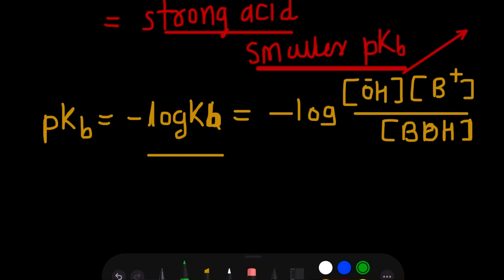The stronger base has more and more hydroxide ion concentration, so if the basicity increases, the pKb value decreases. Same as for acid, we can write the strength of acid is determined by pKa value.